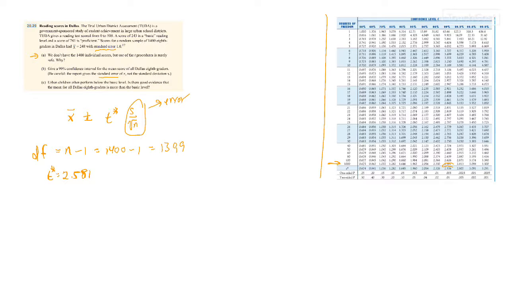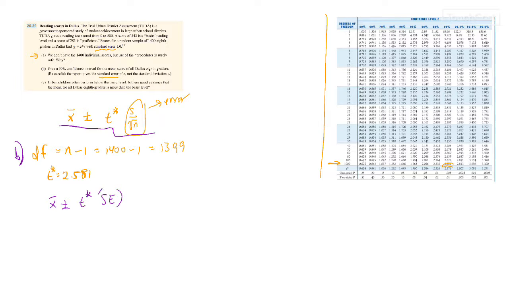So now we can plug this into our original formula up here. For part B, we are plugging all of our information in. So this is going to be x bar plus or minus the t statistic times the standard error.